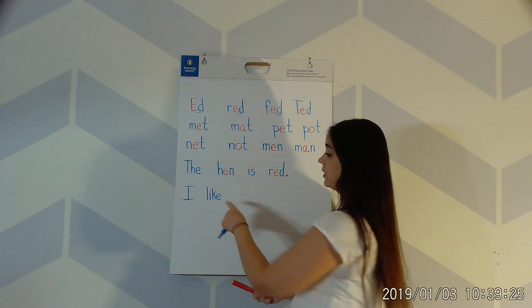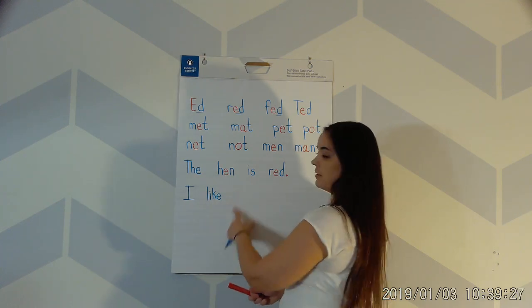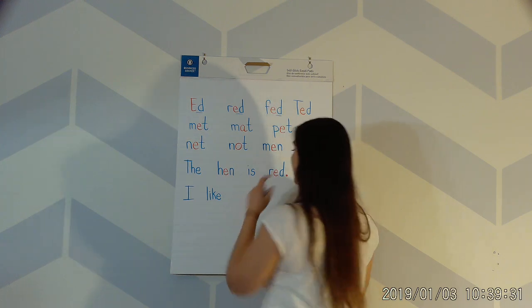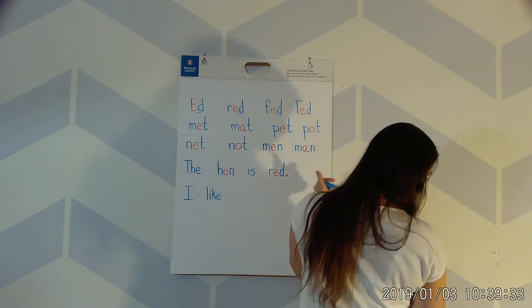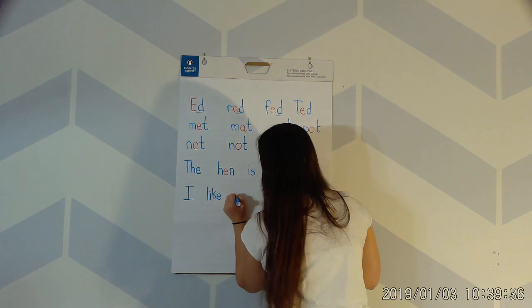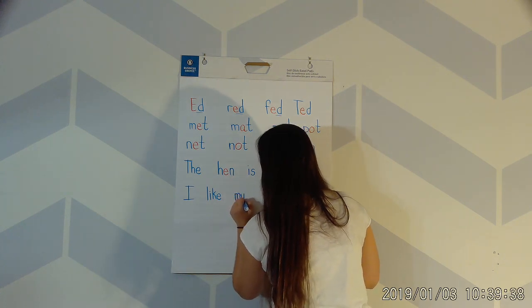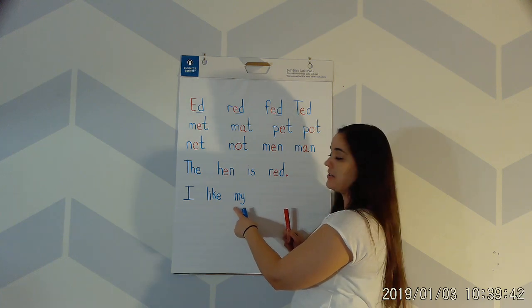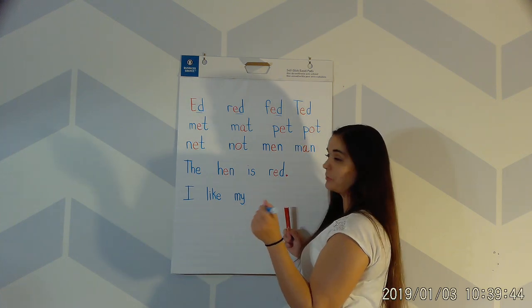And high frequency word like, can't sound it out, we just have to know that L-I-K-E is what word? Like. Another high frequency word. We can't sound it out, we just have to know that M-Y is what word? My.